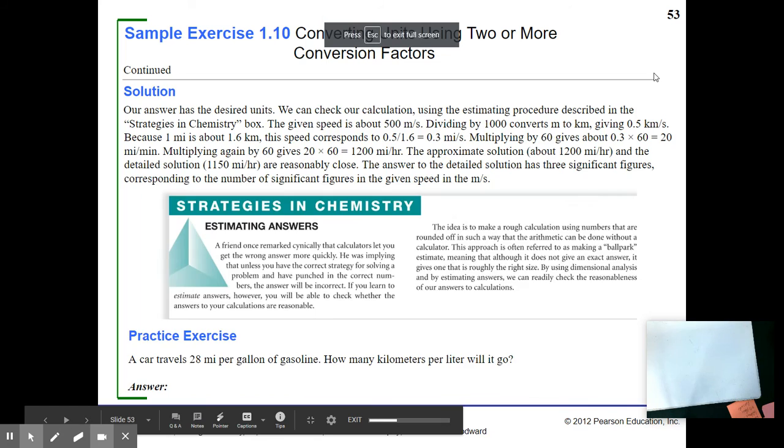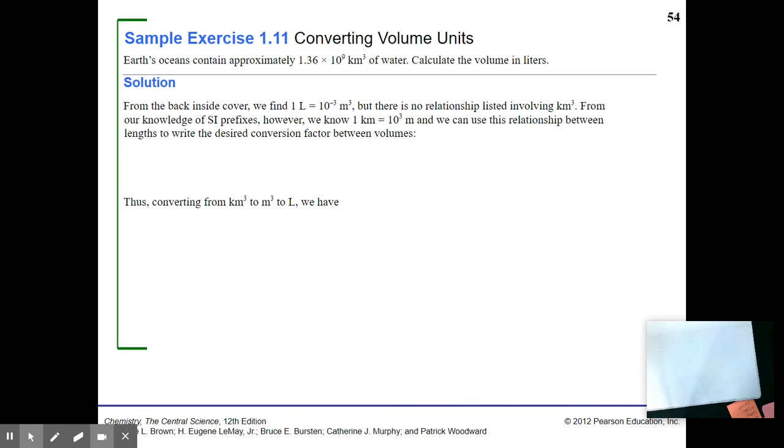So this last one for the chapter is when we're converting volume units. Here it says, I'm just going to read this question. We're not going to work on this question right now because I want to do one together. But I want to point something out. Earth's oceans contain approximately 1.36 times 10 to the 9th cubic kilometers of water.